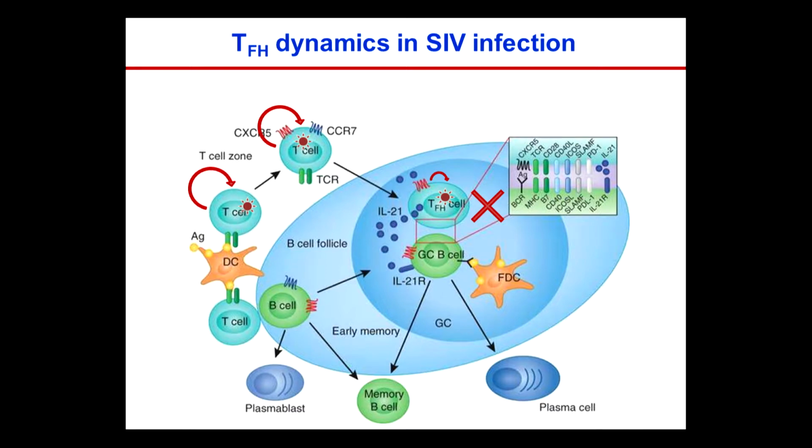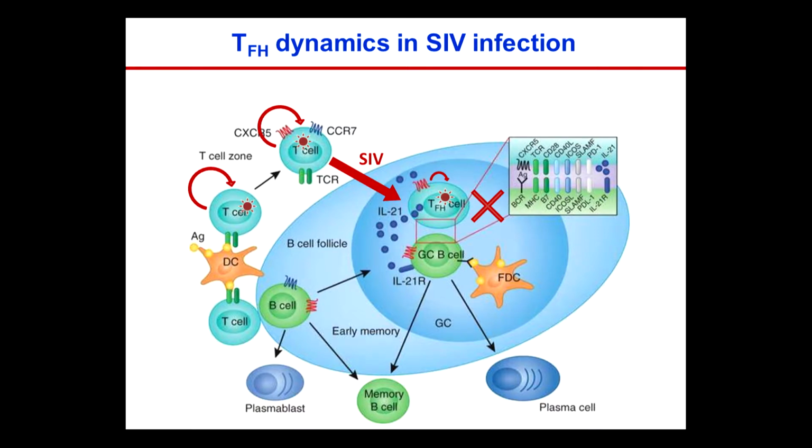So the only thing we could come up with was that SIV infection was somehow driving a drive towards differentiation of T follicular helper cells. And that's actually what we found was going on. And what was driving that was immune activation. What we found is that with immune activation, you got increased IL-6.